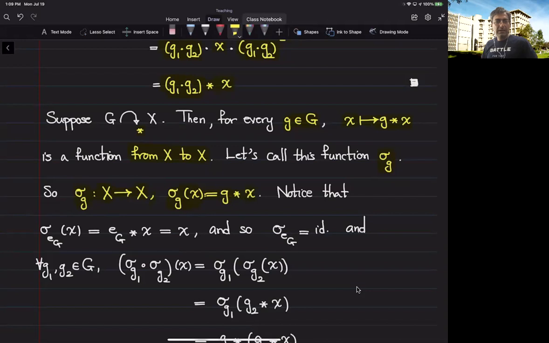So we are asking how this element G acts on the set capital X.